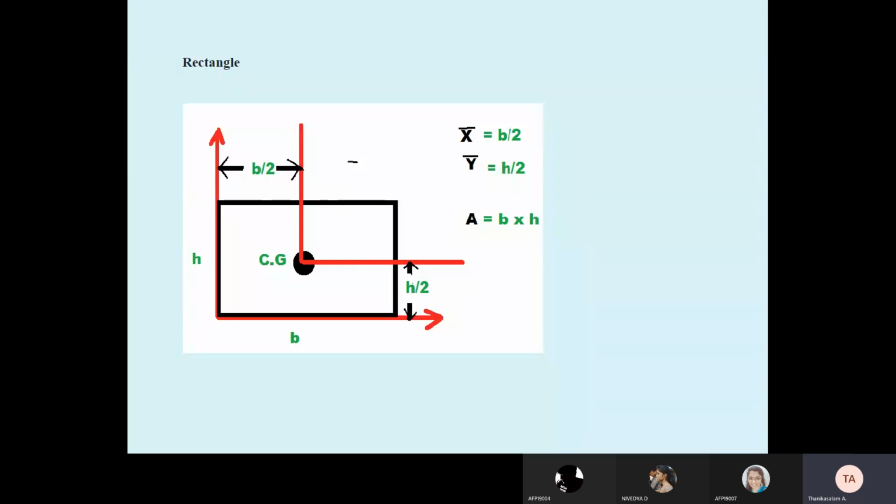The x-axis. So the x-axis can be used as a reference for finding y bar. And the y-axis is a reference axis used to find x bar. Students understand? Okay.